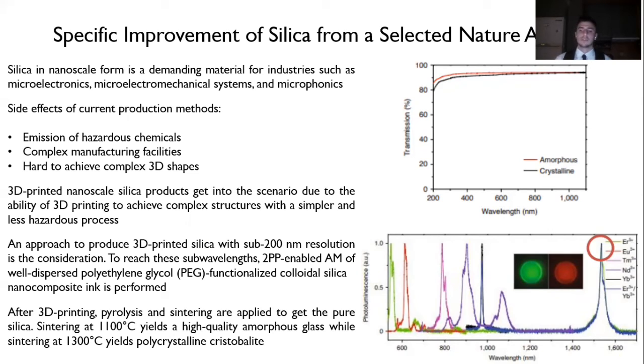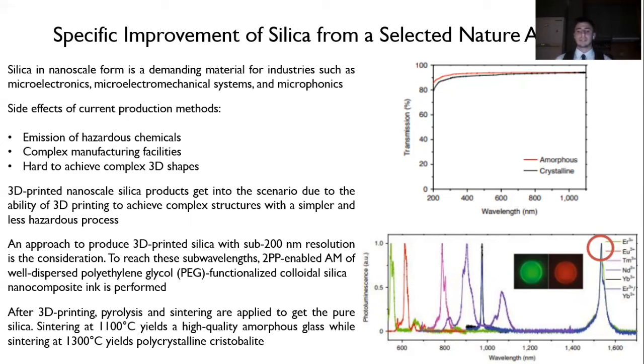It's seen that both of them are transparent in a good manner, but the amorphous glass takes the lead just a bit. And in the figure below, we see that final silica products are doped with various ions actually.